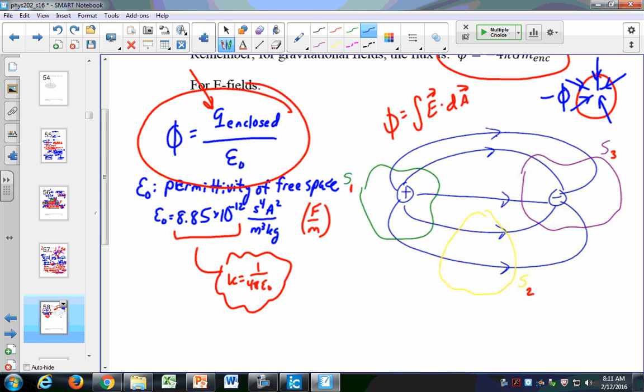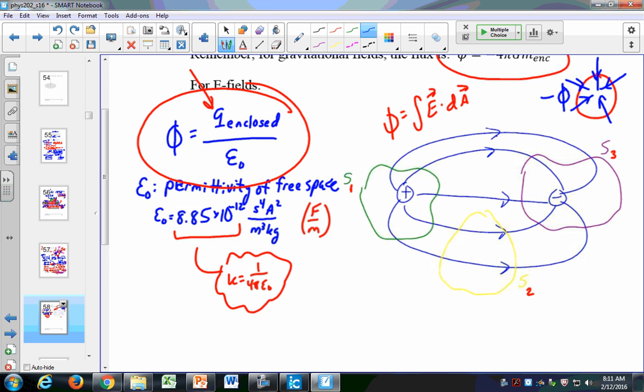So what about this green surface right here? Does this have a positive, negative, or zero flux? This has a positive flux because the field lines are coming out. You have more field lines coming out than going in. What about this one, S3? Negative flux. And this one, S2, zero flux.